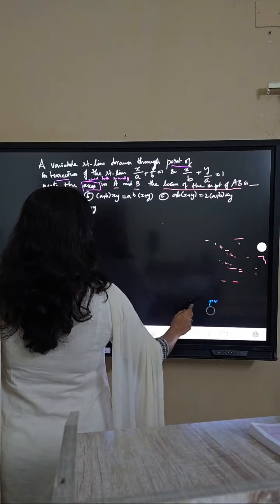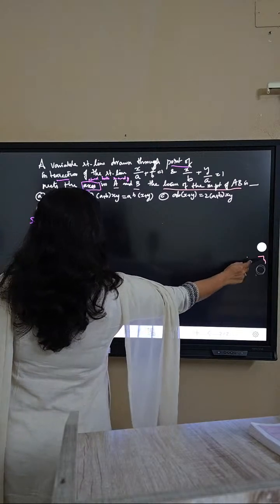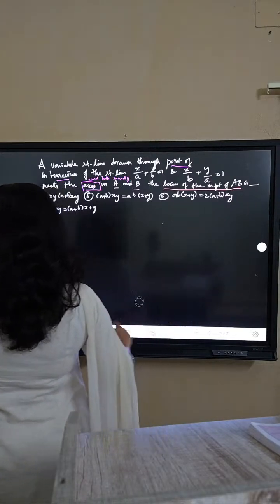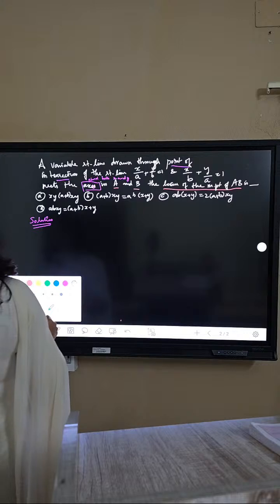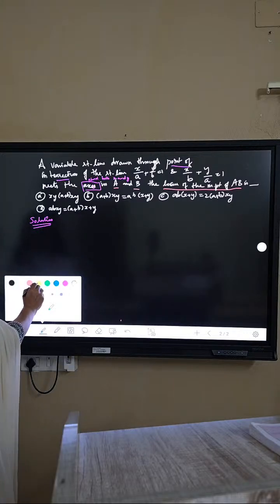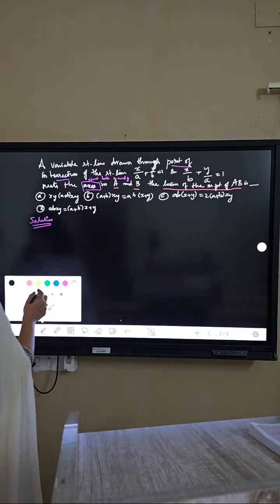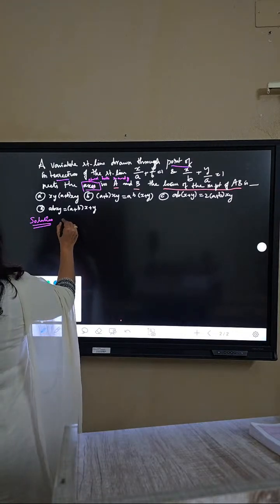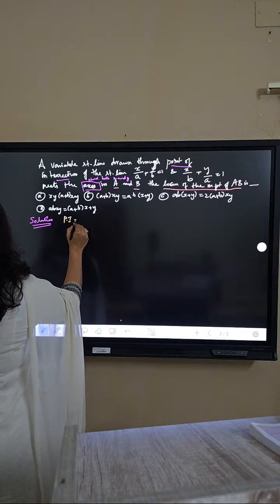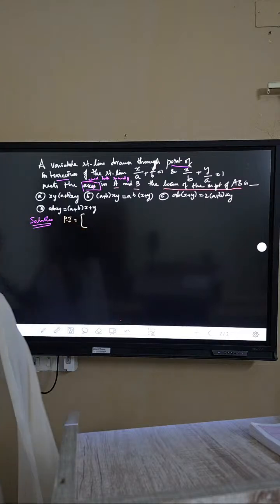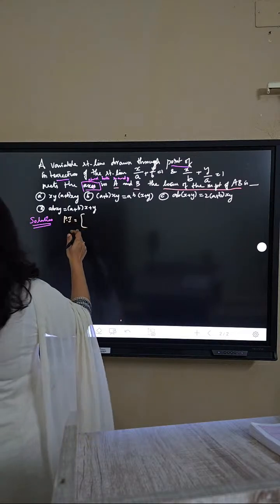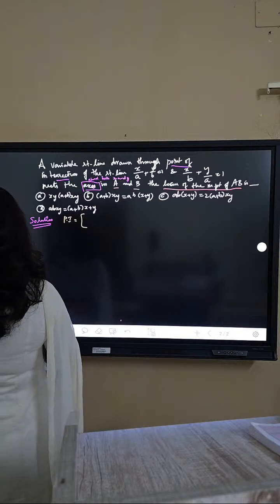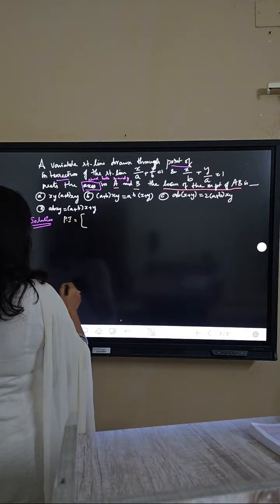Okay, so you can take any points. Okay, we don't know about the point. We found the point of intersection. What is the point of intersection we found? Okay, so we found already the point of intersection, and then you have to consider.